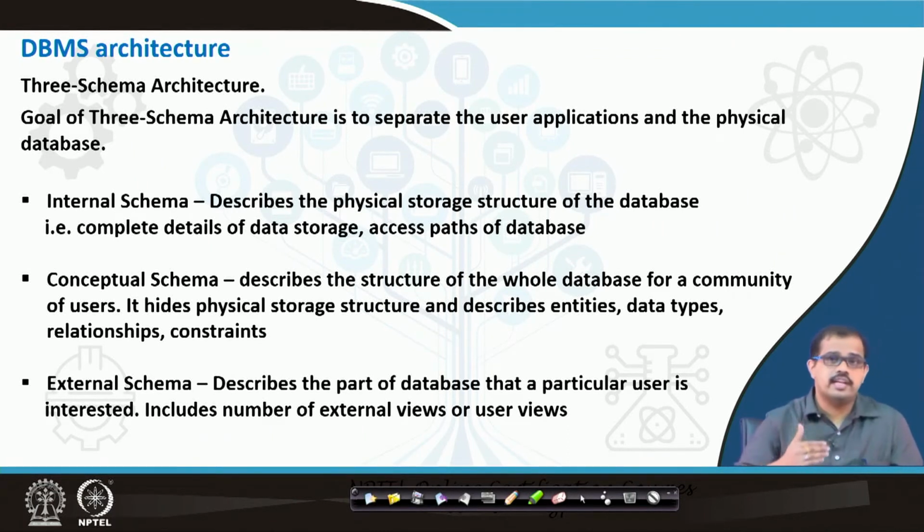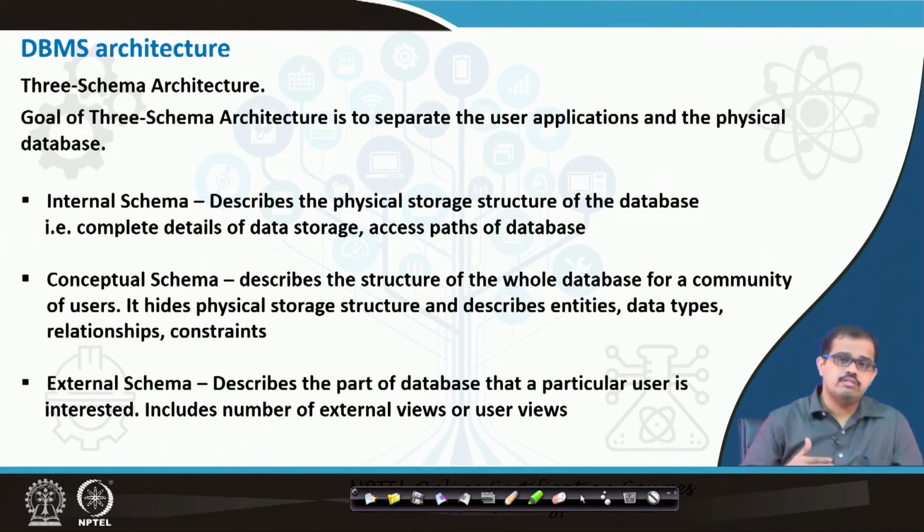The first one is the internal schema. The internal schema describes the physical storage structure of the database, that is, complete details of the data storage and access path of a database. This says where the physical storage has been done, which part of the system physically stores the entire data, and what the structure of that particular database is.